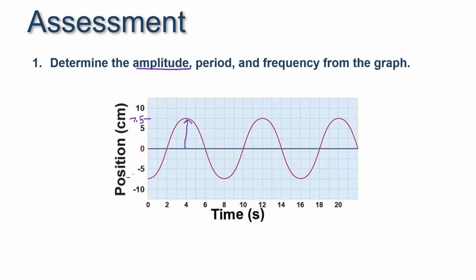And then you have negative 7.5 down here. So I believe the amplitude, did they use a capital A? Some textbooks use a capital A, some of them use a lowercase. So I'm just going to do capital A. I think that's what they use. Is 7.5.